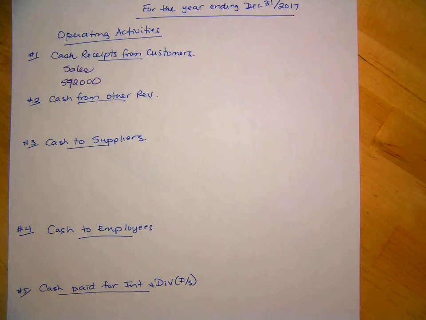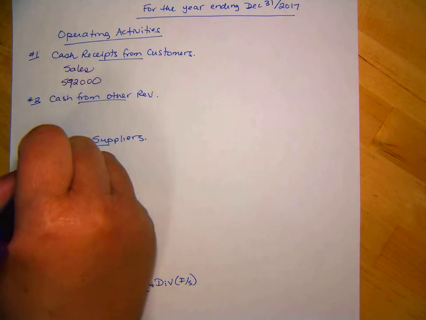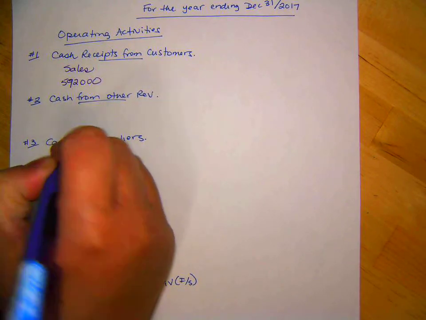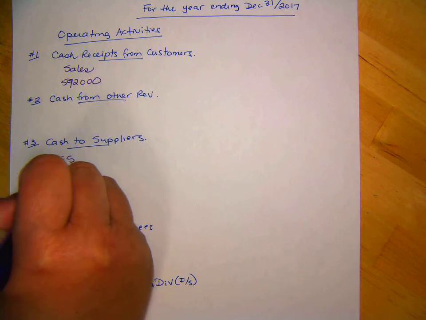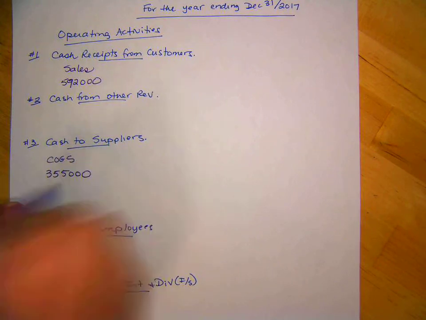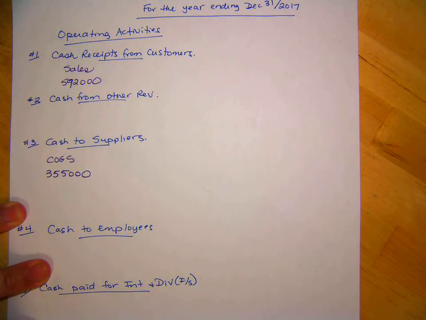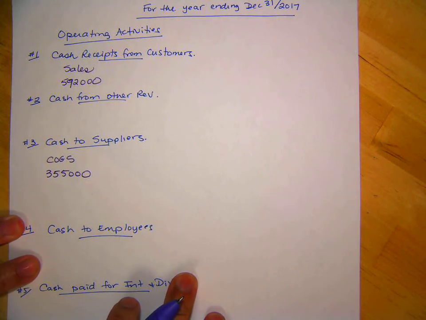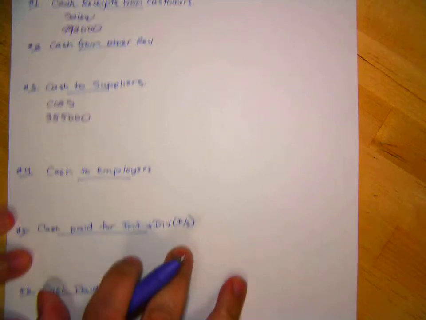Cost of goods sold goes in section 3. So cost of goods sold is $355,000. And again, check it off that you've done it. Salary and wages expense goes in section 4.